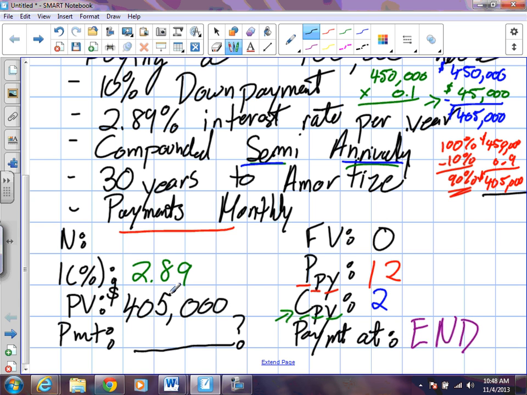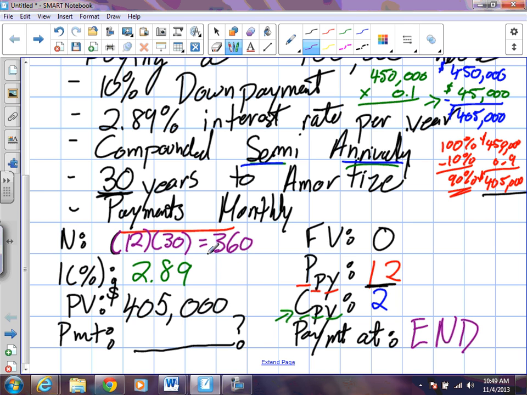Now, Ed, how do we calculate N? What does N stand for? Number of payments. So we said this is going to be 30 years. And how many times do we make a payment a year? Not twice, but 12. So 12 payments a year for 30 years is 360. That won't always be the case. We'll get into different examples.